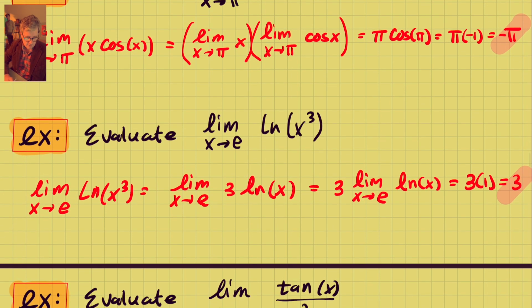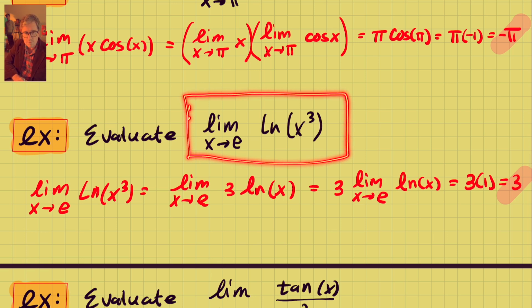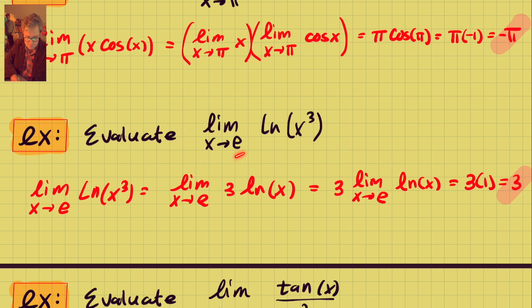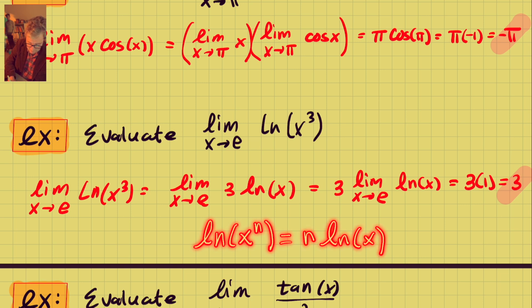The next example, let's evaluate the limit as x approaches e of the natural log of x cubed. So e, remember, is the base of the natural log. And so what can we do? Now, if you remember your natural logs, if I have the natural log of x to the n, that's equal to n times the natural log of x, right?